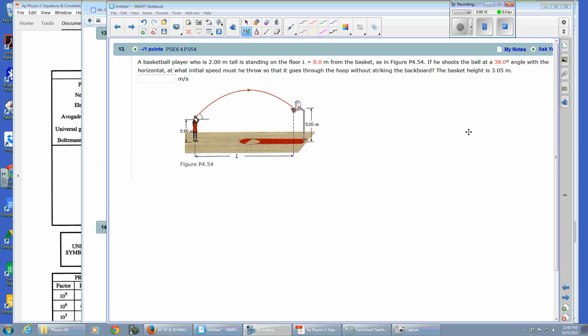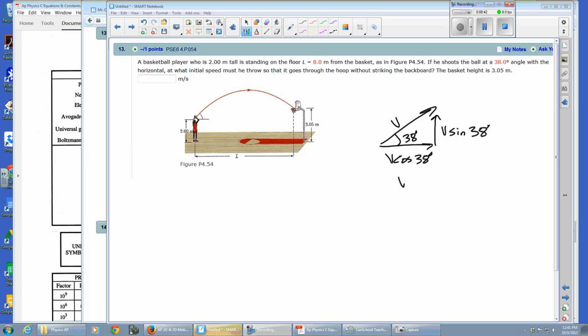I want to be able to do this separately, so I'm going to start off breaking up my initial velocity. So this is going to be v, and this is 38 degrees here. So v sine 38 degrees and v cosine 38 degrees.